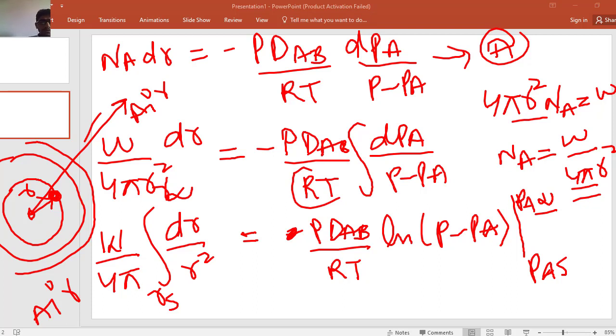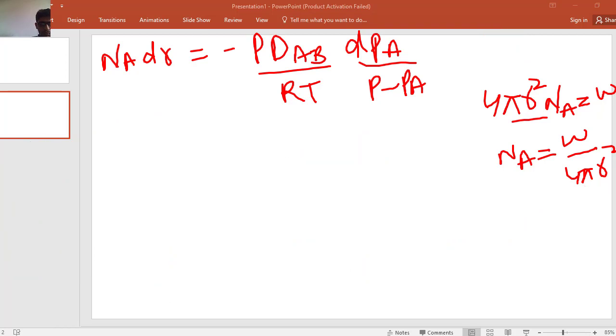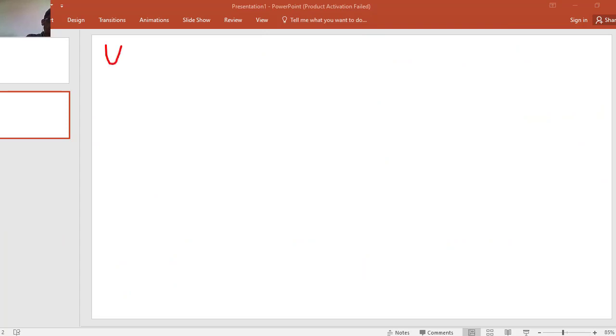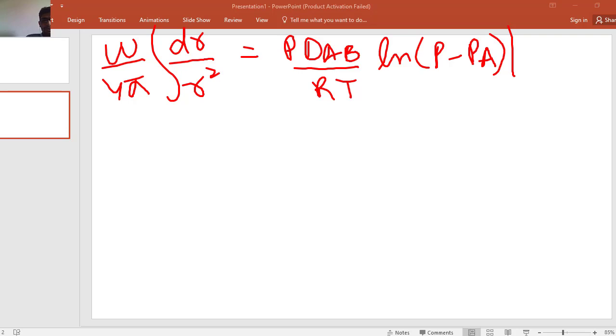Further simplify this: W divided by 4 pi r square dr equals P dAB divided by RT ln of P minus PA, and apply the limits.